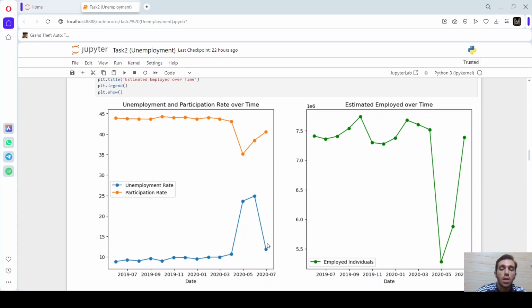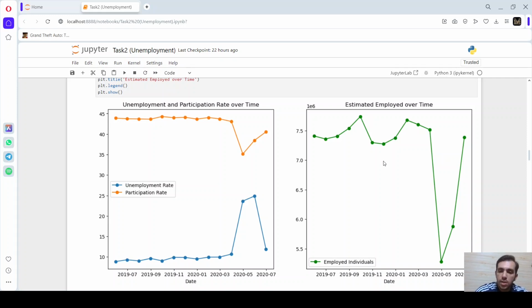after the lockdown was finished. And this is also seen compared to the participation rate, which was high at like 43%, but it then went low during this period because fewer people are going to look for jobs because they are putting safety first.